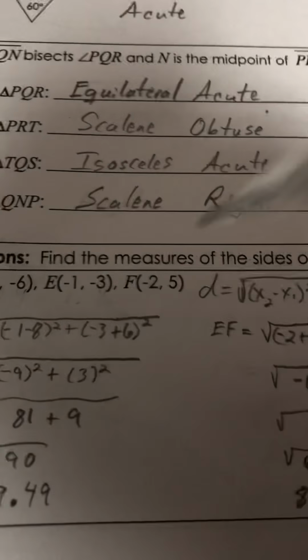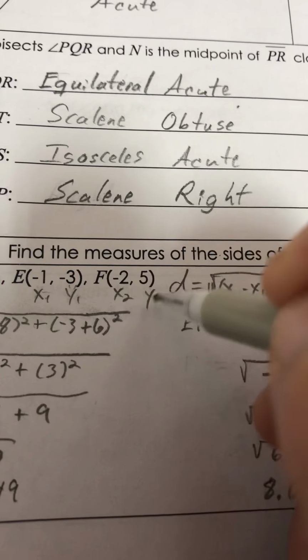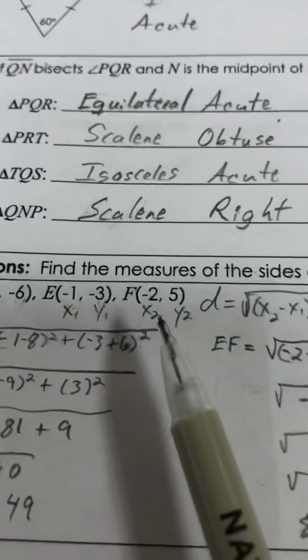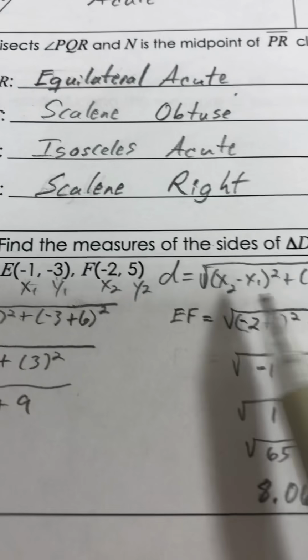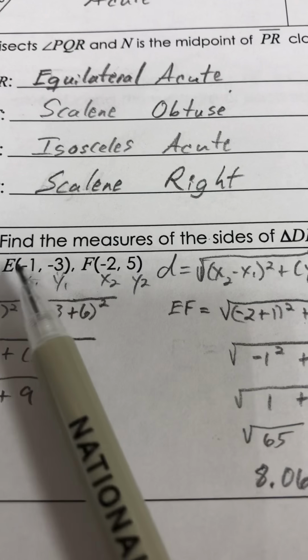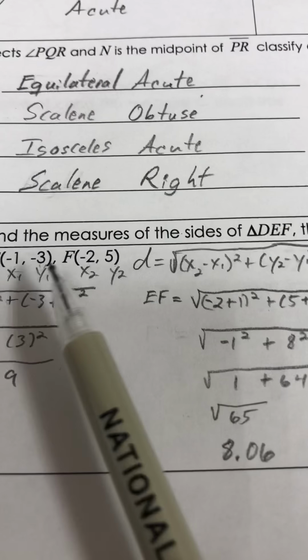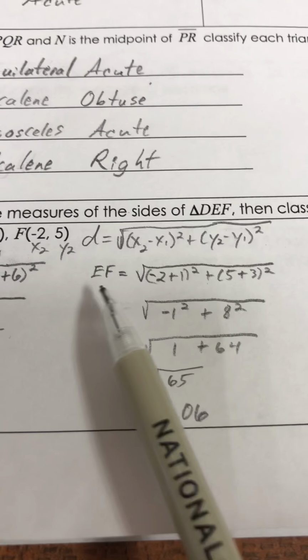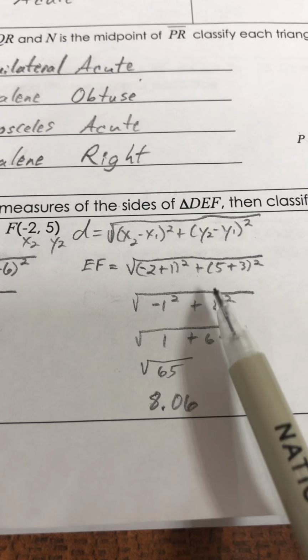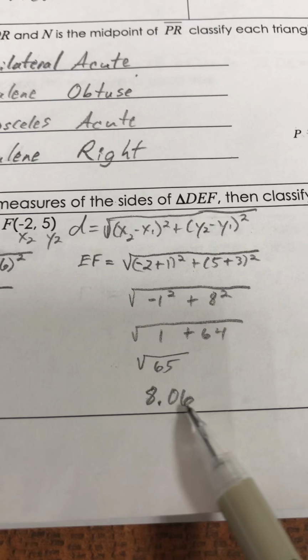So if I'm looking at EF, now I've got my x1, y1, x2, y2, and I'm going to just plug in these values. For my x2, -2 minus -1 makes it a +1, and so on and so forth. You can see what I've done with EF and go ahead and work this problem out. You should be getting 8.06.